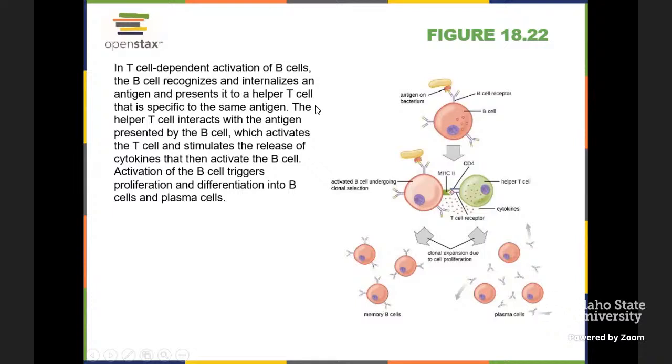Now this is more really the video showing this activity: the T cell dependent activation of B cells. Here we've got this B cell recognizing the antigen with its receptors, and it has MHC2s as well.